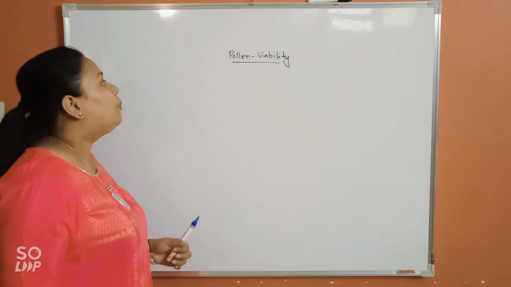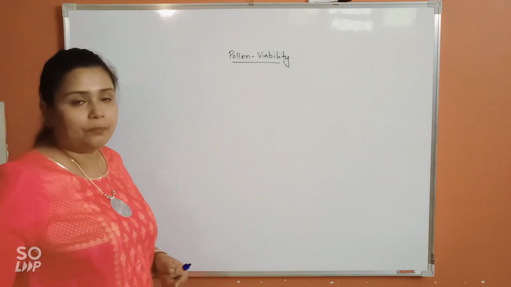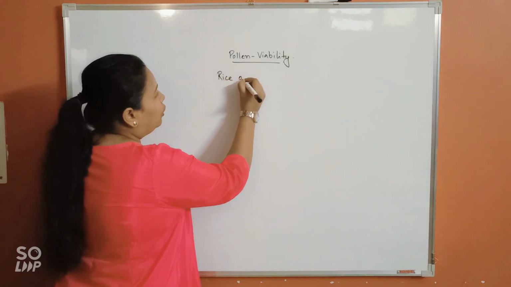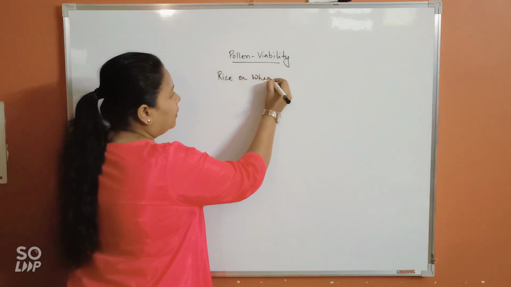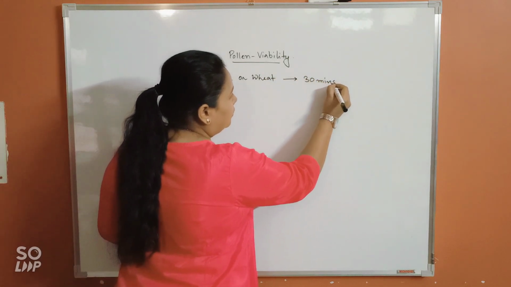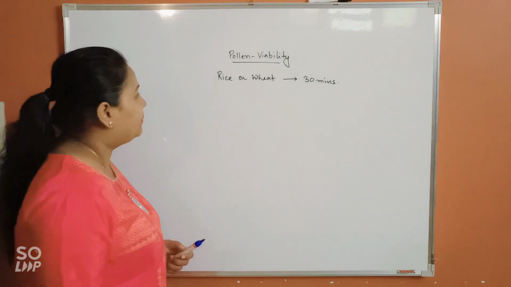Now, pollen viability keeps differing from one species to another. In certain plants like rice or wheat, pollen viability is simply within 30 minutes; they lose their capacity to germinate.